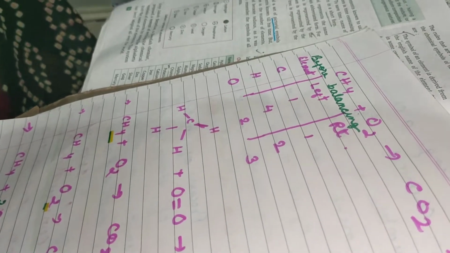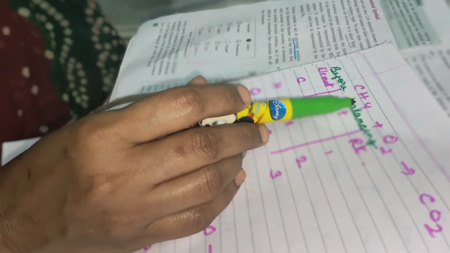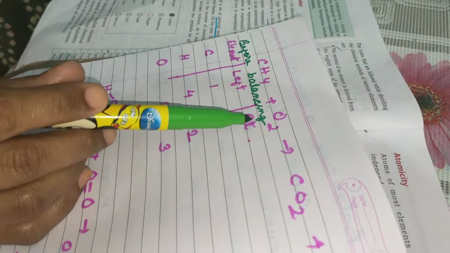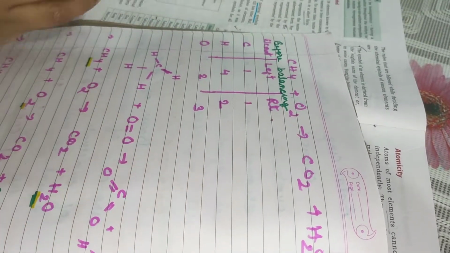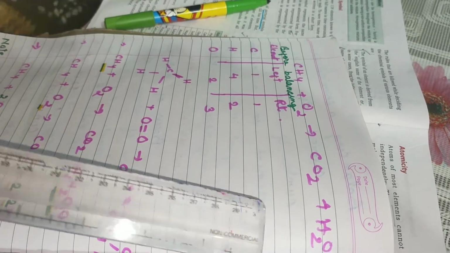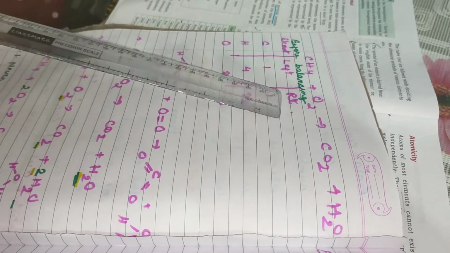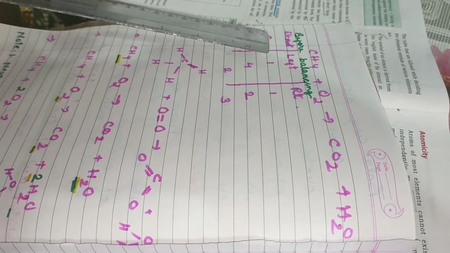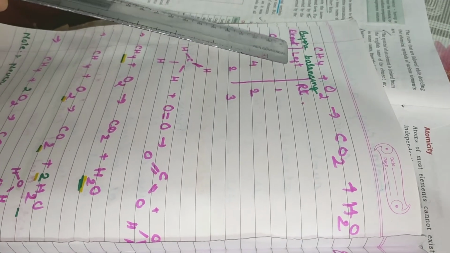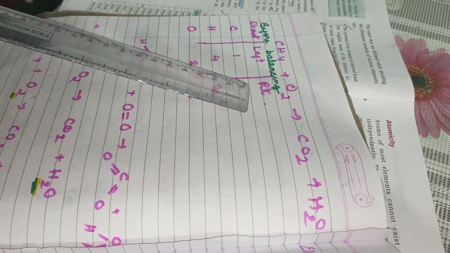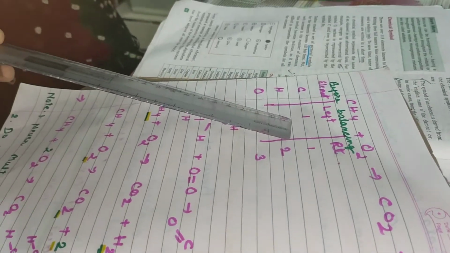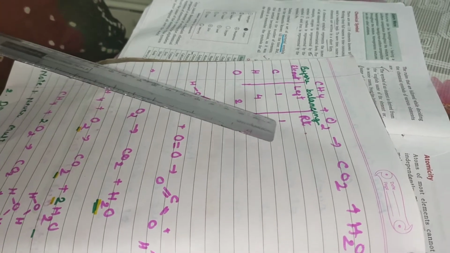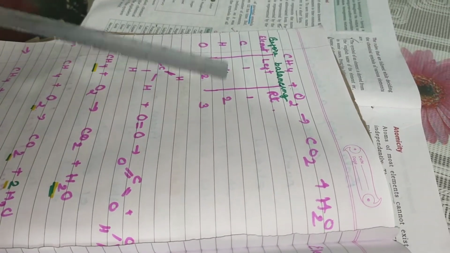Now let us see how to balance a chemical equation. Methane, CH4, combines with oxygen to give CO2 plus H2O. Before balancing, let us count the elements on the left side and the right side. Carbon: left side 1, right side 1.